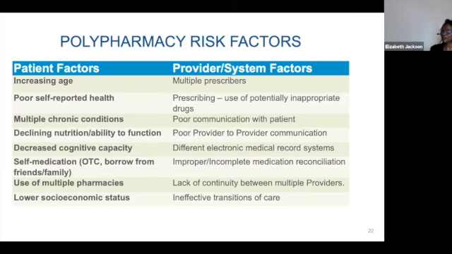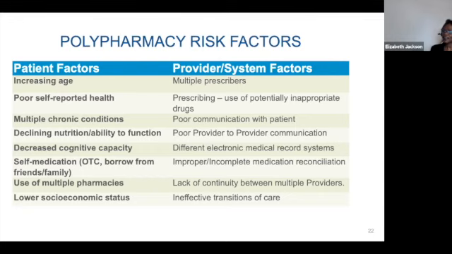Poor self-reported health is also a risk factor. Multiple chronic conditions, as we have discussed, is a major risk factor. Declining nutrition and ability to function, which sometimes does come with aging, is also a risk factor. Decreased cognitive capacity is a risk factor.